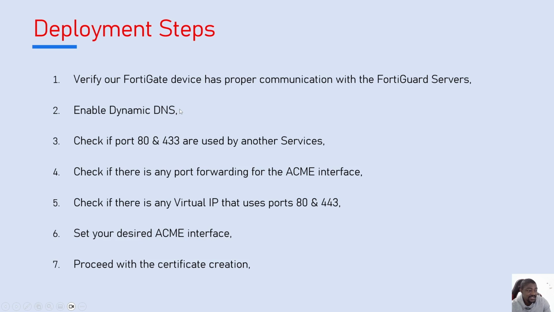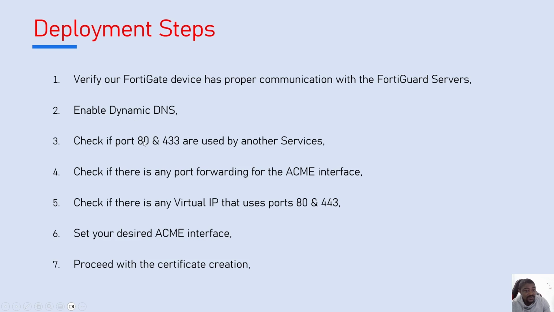Dynamic DNS lets you make sure that your FortiGate device has a name that can be used even if the IP address behind your FortiGate changes all the time. So dynamic DNS makes sure that you have a concrete name that lets your FortiGate device be publicly known on the internet.